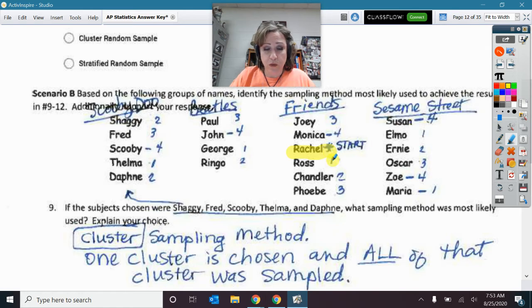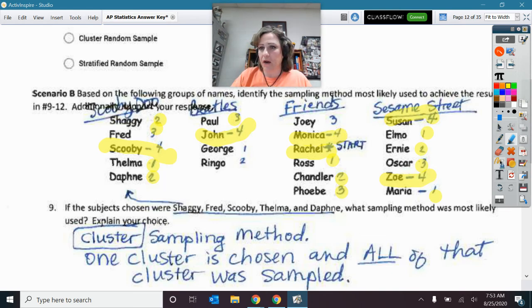So I counted 1, 2, 3. The fourth one was Susan. And then 1, 2, 3. The fourth one was Zoe. 1, 2, 3, 4. The fourth one was Scooby. 1, 2, 3, 4, and so on. The fourth one was John, and then 1, 2, 3, 4 we're back over here. And so we had Monica. Okay. So every fourth one, that's systematic.